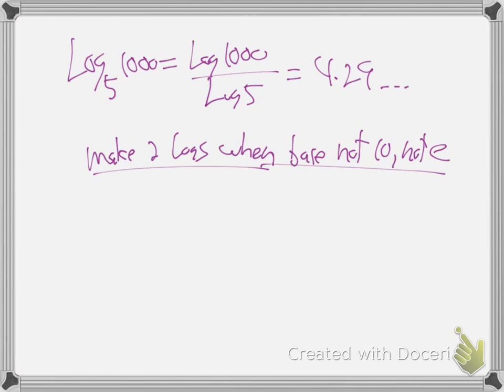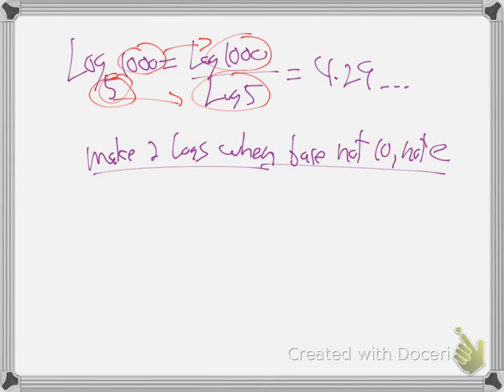So when they give you a log question where the base is not 10 and not E, then you have to do it by doing 2 logs. And a lot of times people ask me, hey, Mr. Turner, how do you know which one comes first or second? Well, the higher one goes on top and the one that's lower goes in the bottom. The bottom one goes bottom, the top one goes top. That's the way to remember. The order does matter. You've got to keep it that way.